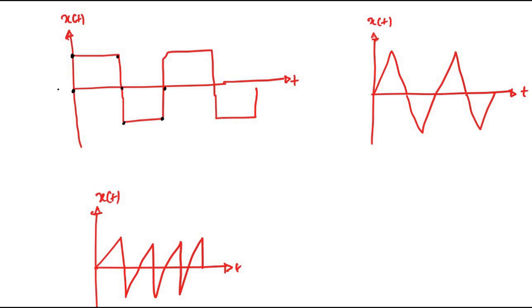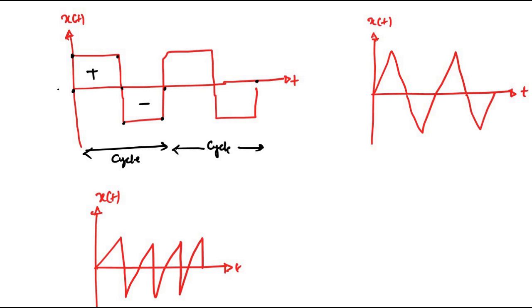This is the positive half cycle, this is the negative half cycle, and this completes one cycle. One complete cycle, and again from here another cycle is repeated. Same, again another cycle. This is the first cycle, this is the second cycle.